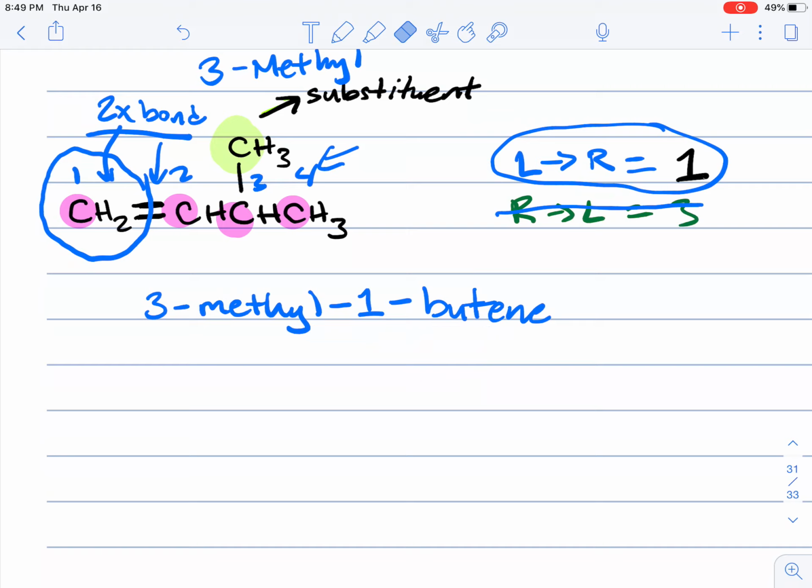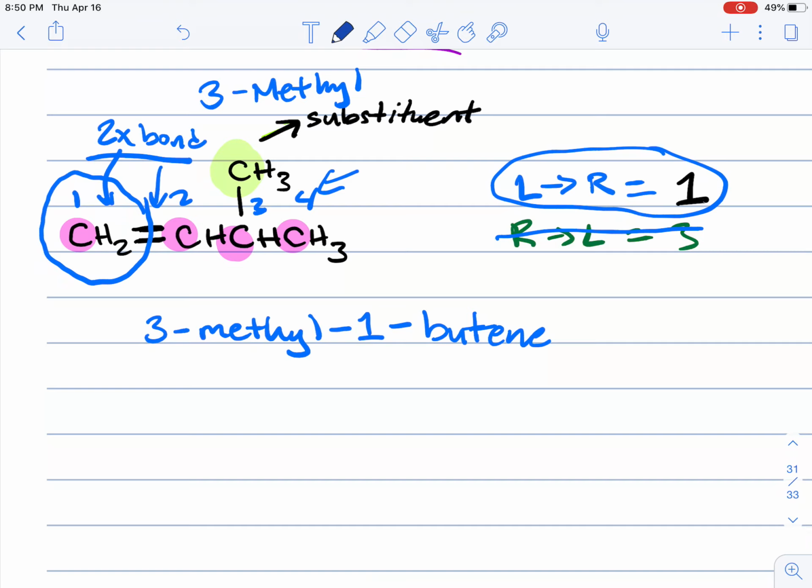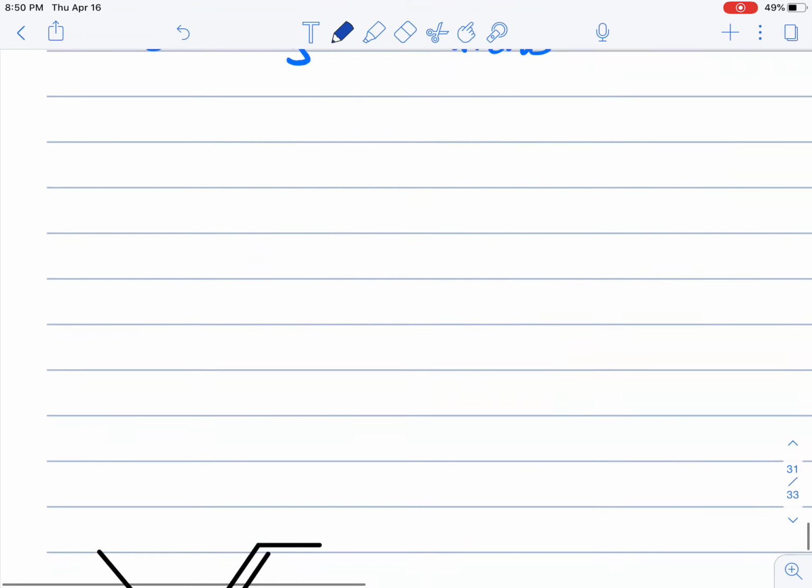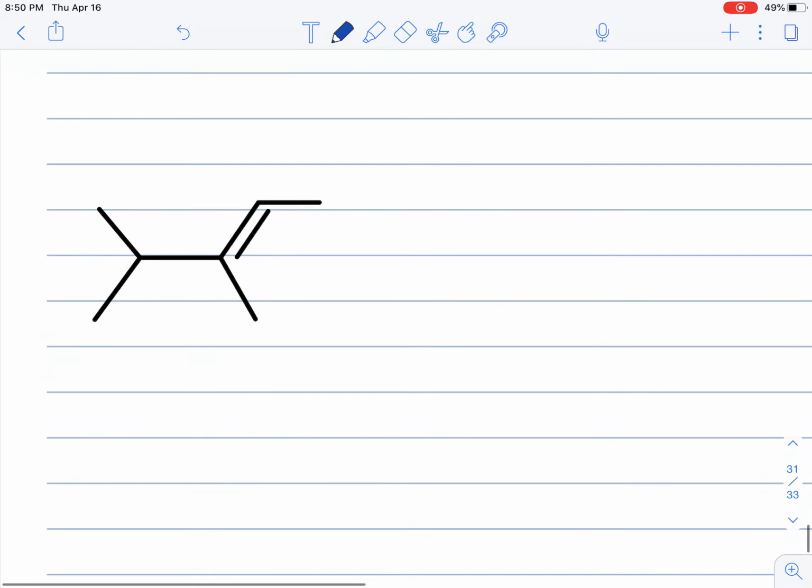We're going to do several more examples just to demonstrate how we are altering some things here and there for naming these alkenes and alkynes, basically what's the same and what's similar. Okay, let's go to another example.